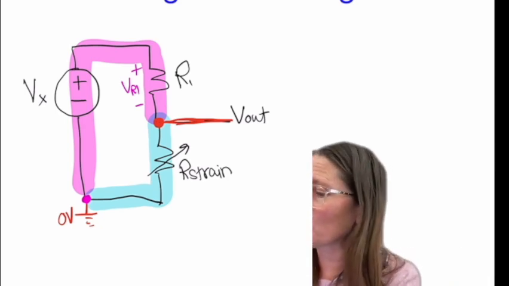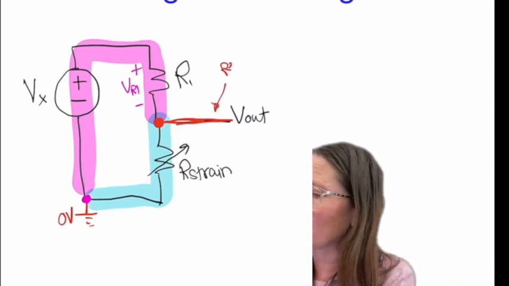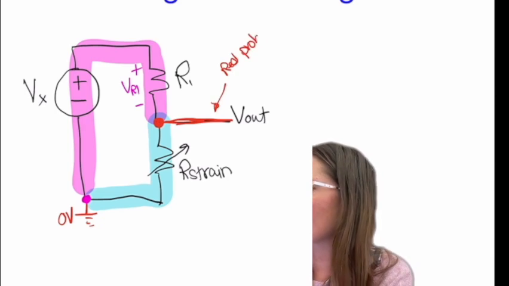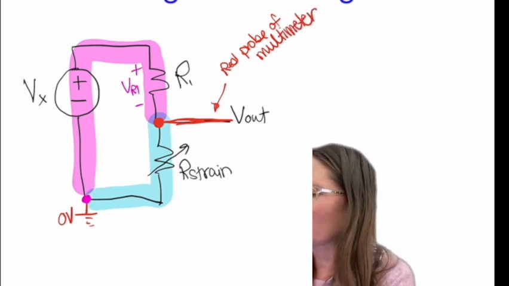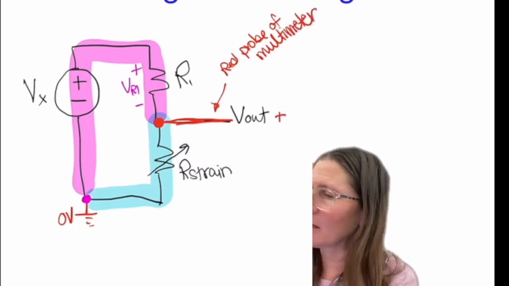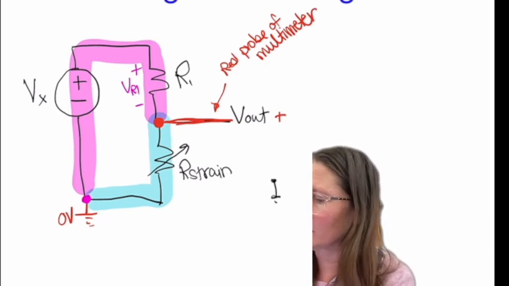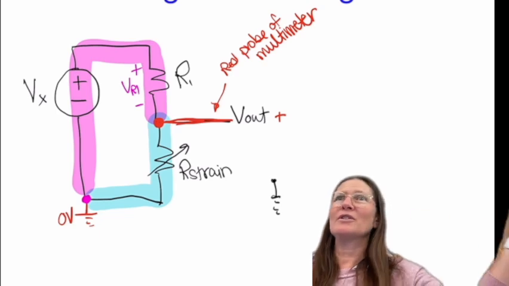So this would be my red probe of the multimeter. I would label that as a plus, and then it is comparing it through the multimeter.